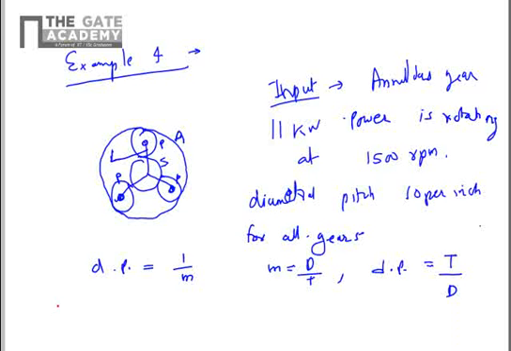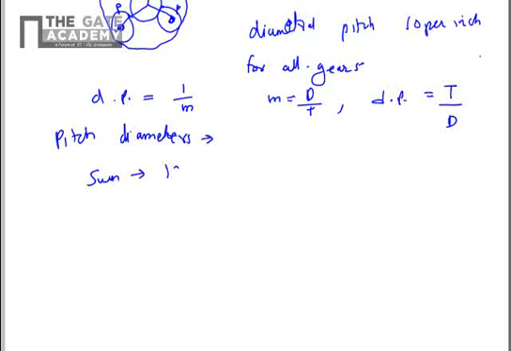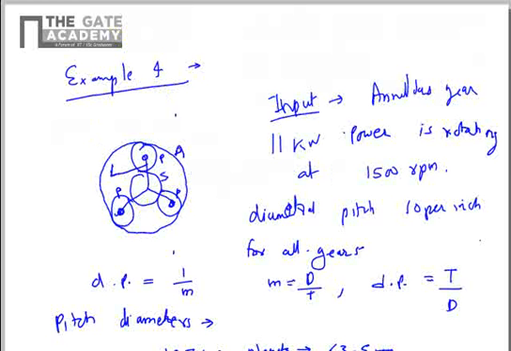Now the further quantities given in this problem are the pitch diameters of various gears. So the pitch diameter for the sun is given as 127 mm. For the three planets, they all have a pitch circle diameter of 63.5 mm, and for the annulus, we can find it out from the combination of sun and planet also, since the radius of the annulus will be equal to the radius of the sun plus 2 times the radius of the planets.